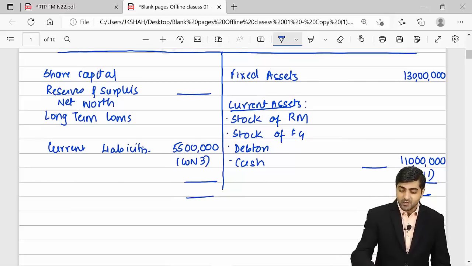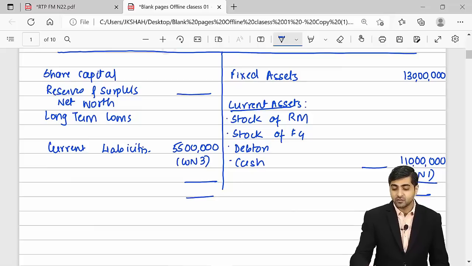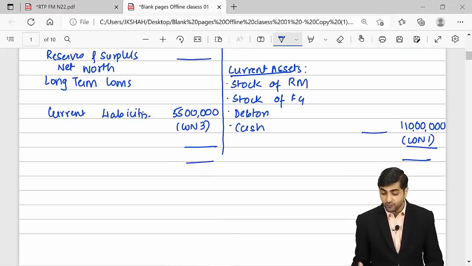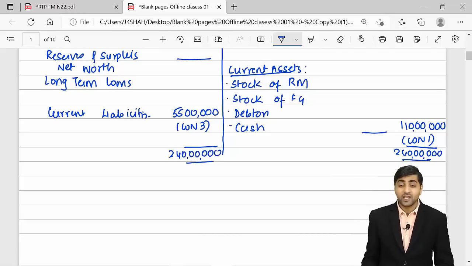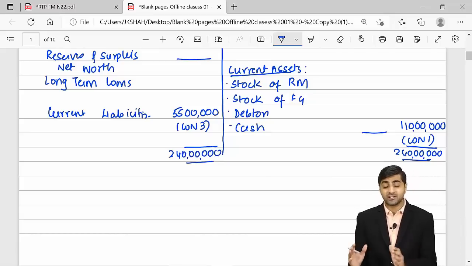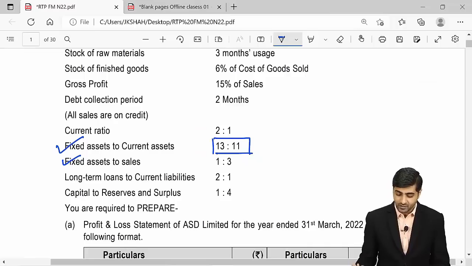So it's nothing but 1 crore 30 lakhs plus 1 crore 10 lakhs, which will actually give you 2 crore 40 lakhs, and this will also be your 2 crore 40 lakh rupees. So we have the total of your balance sheet now available.